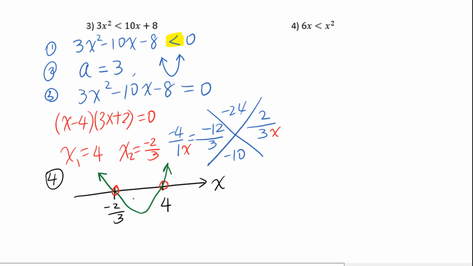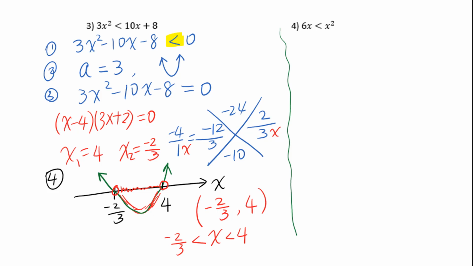And below the x-axis will be the solution. The solution will be -2 over 3 to 4, open interval. Or you can write x greater than -2 over 3, less than 4.